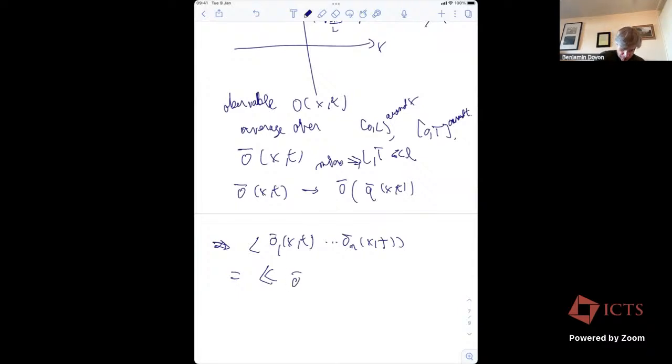So this becomes an average in the effective fluctuating theory for the conserved densities of functions of the conserved densities.